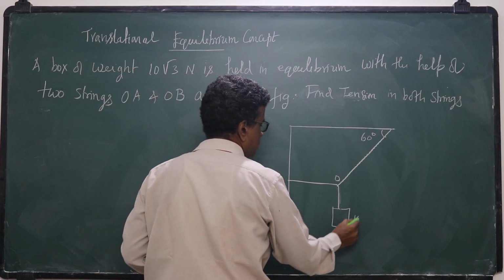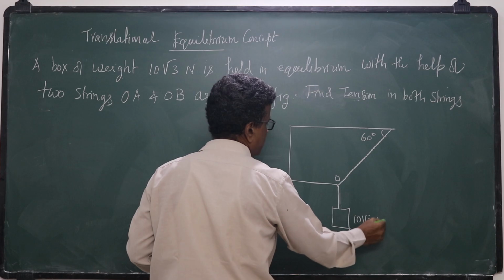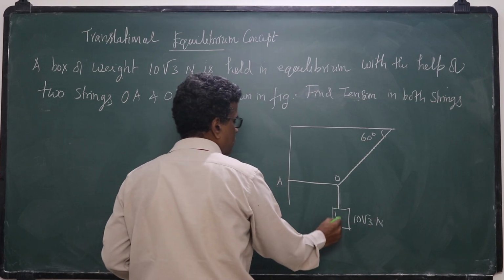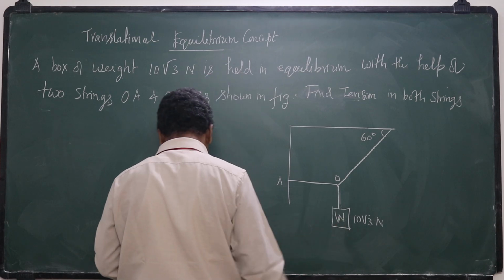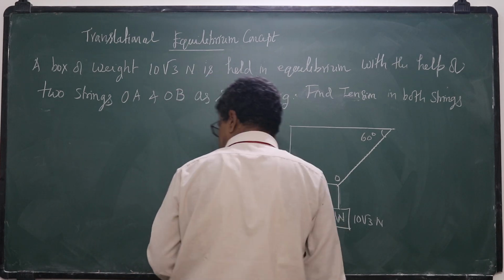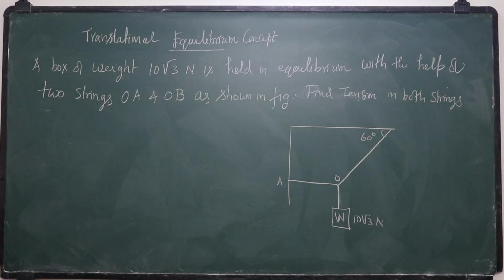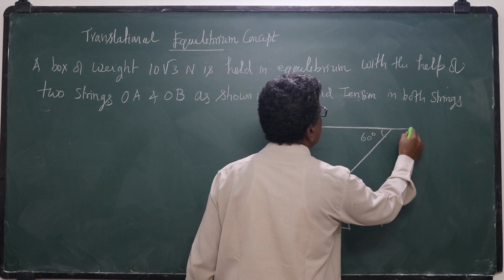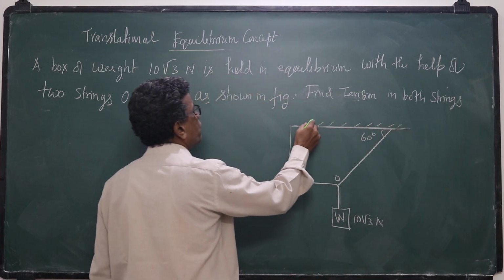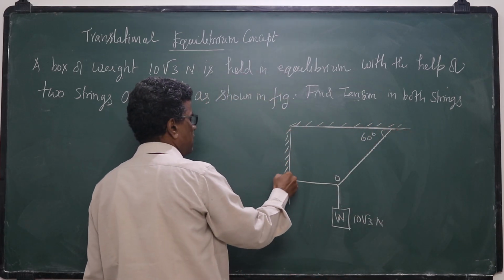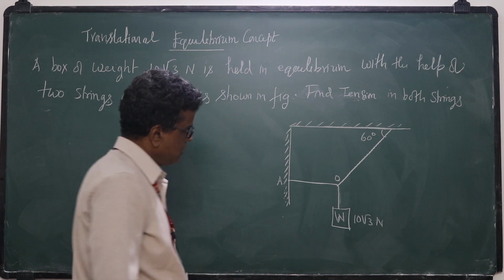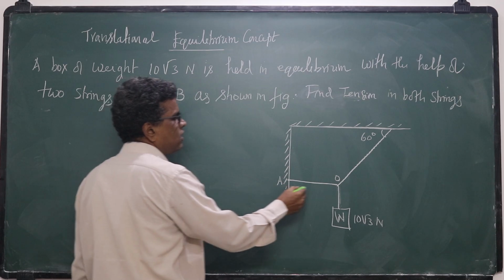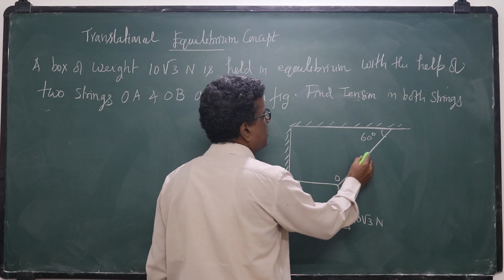The weight of the box is 10 root 3 newtons. So this is the weight of the box. Now find the tension in the strings. Let this be a wall, a fixed roof, and this is a side wall. So with the help of two strings, OA is horizontal and the other string is OB.